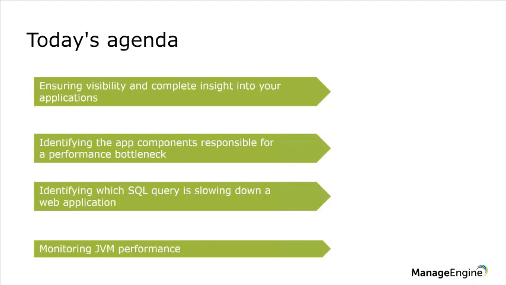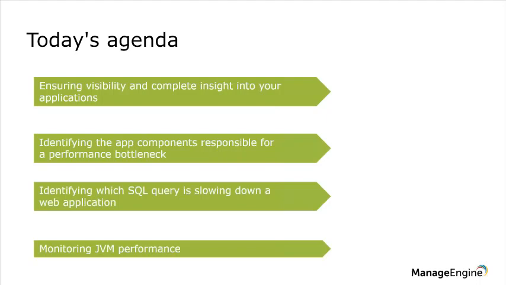We will try to identify the individual application components that could be responsible for a potential threat to services, and also try to drill down to the SQL query level to find out if there are any SQL queries that are slowing down your web application. And then we will also be seeing different metrics involved with monitoring the JVM.